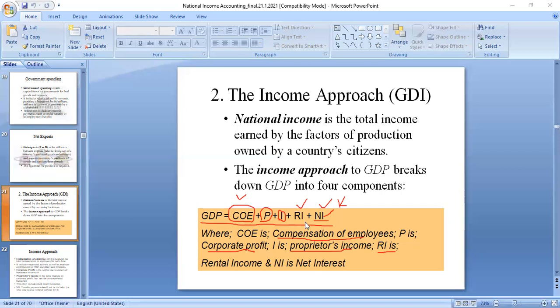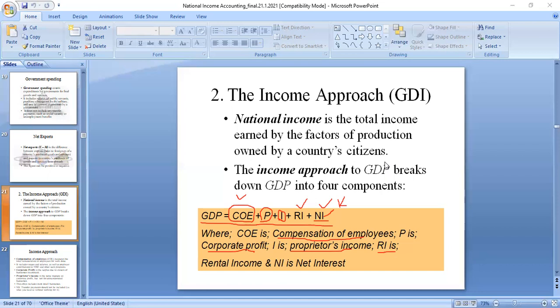Like we've already seen, the income approach looks at the payment to all factors of production by the country's citizens. That is the logic behind it. We are getting the payments to all the factors of production within a country, for example within Uganda.